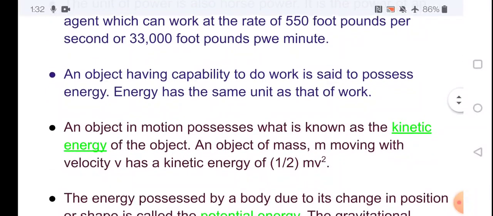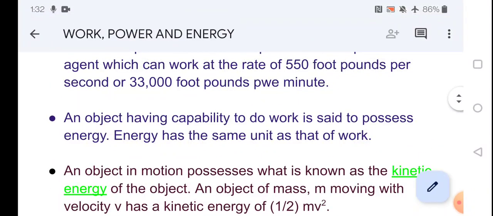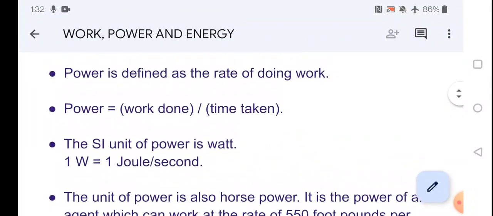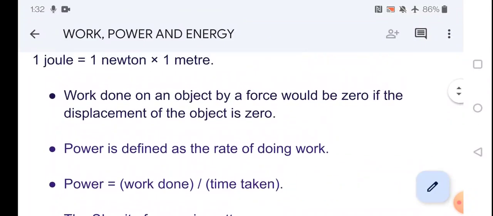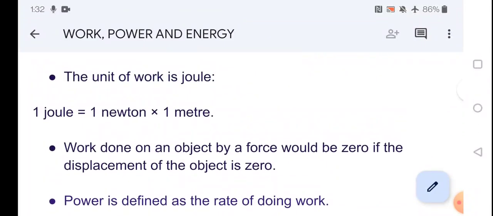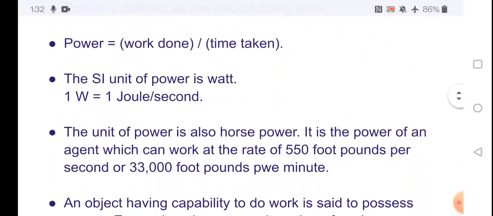Next, energy means the ability to do work. So energy has a similar unit as work, that is joule. Unit of work is joule, so unit of energy is also joule.